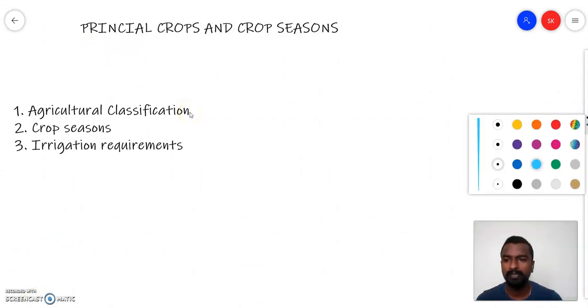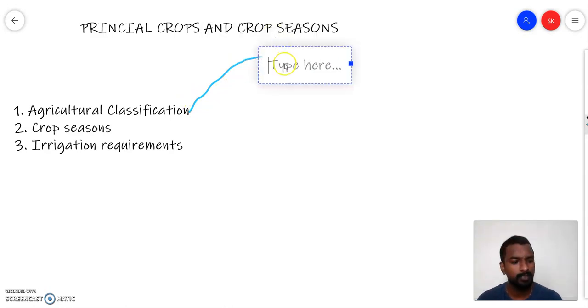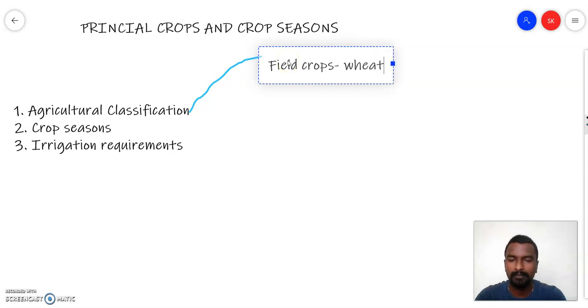The first one is field crops. There are different types of field crops, with examples such as wheat, rice, and maize. So these are the different examples of field crops.